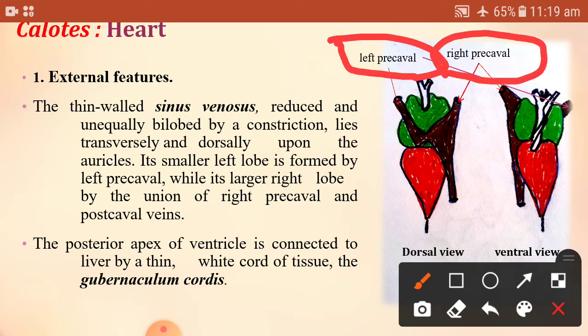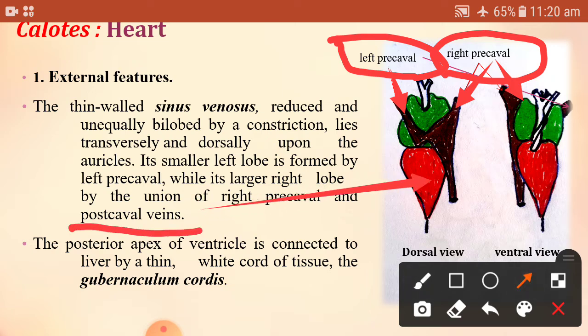With these veins, blood is collected from the anterior side of the body, while there is a single postcaval vein. This postcaval vein collects blood from the lower side of the body, from the abdomen and tail region. The blood is collected with the help of a single vein, called the postcaval vein.